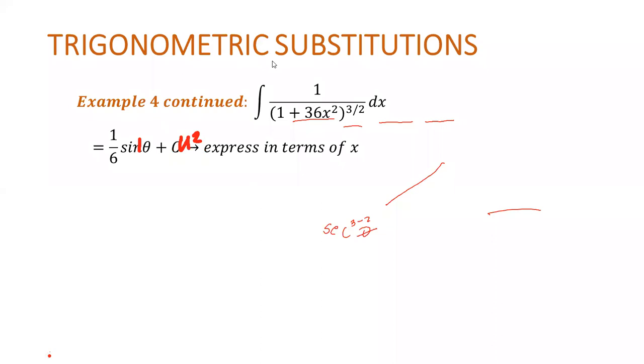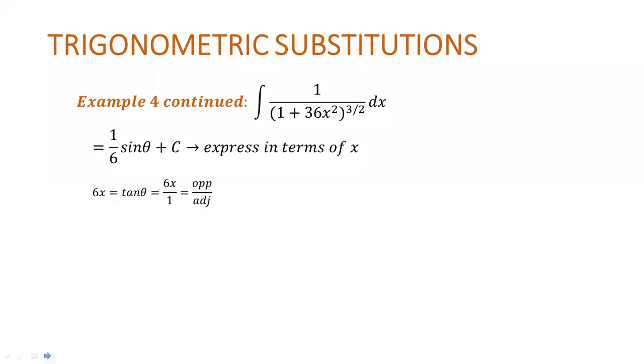So let me clear first what's written here. This time, your triangle will have the tangent of theta being equal to 6x. Where did this come from? If you recall, we have u equal to 6x, and that would be set against the tangent of theta.